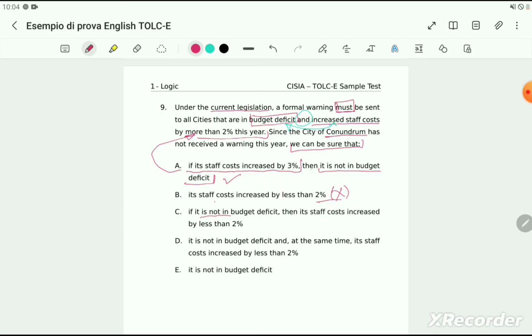It is not in budget deficits, okay, that's right, but here it is less than 2%, so this is not right. It is not in budget deficits, and at the same time its staff cost increased by less than 2%. No, it is not in budget deficits, but what the other condition is, we don't know. So the answer is A.